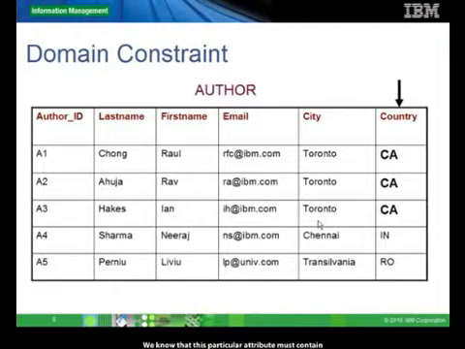We know that this particular attribute must contain a two-lettered country code such as CA for Canada, IN for India, etc. Suppose a value of 34 is entered for the country, does it make any sense? No, right? Of course, unless there is another table which maps country codes in letters to that of numbers. But we do not want to induce redundancy, right?